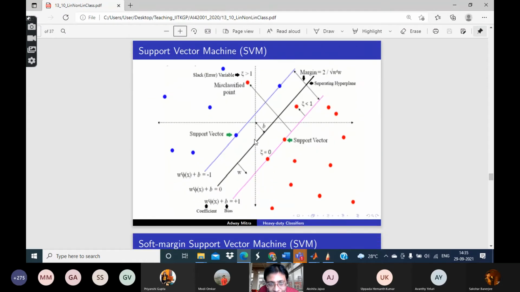See, there are two kinds of points here: the blue points and the red points. If you look at this red point, it is misclassified by both. These two are the marginal classifiers. This black thick line is the optimal classifier, which classifies everything on this side as red and everything on this side as blue.